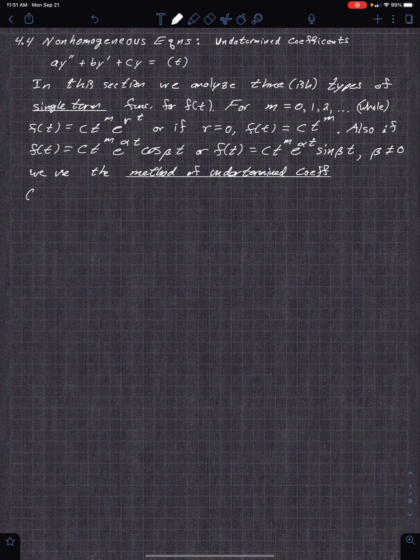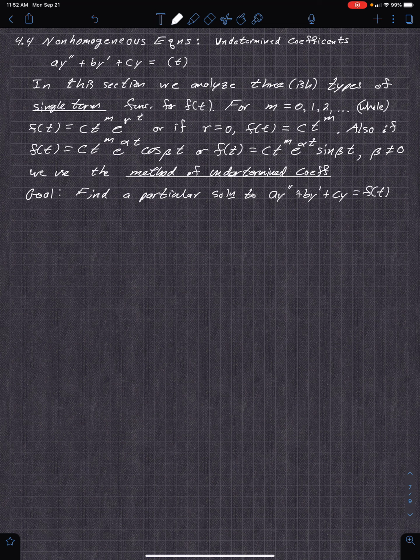Our goal is to find a particular solution to ay double prime plus by prime plus cy equal to f of t, where your f of t is basically restricted to those cases above.